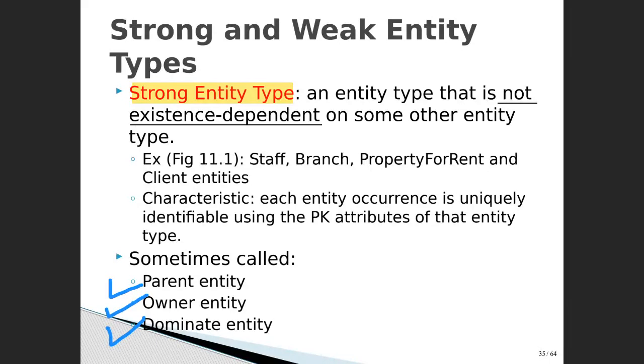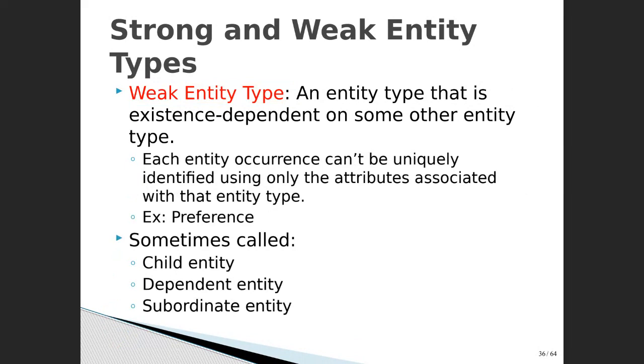Like, for example, staff, branch, and staff. Okay, each of these, it includes what? Includes a primary key. It's not depending on other entity type. The existence of this entity will not be depending on another entity type occurrence. Okay, so it's like parent, main, strong, or dominate. We call it also owner. Okay, how about so it will include a primary key normally.